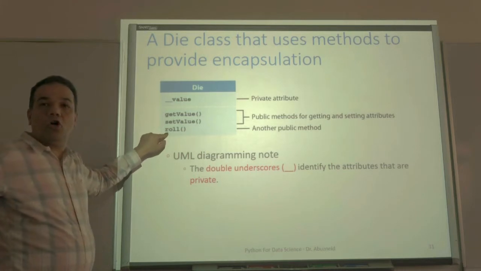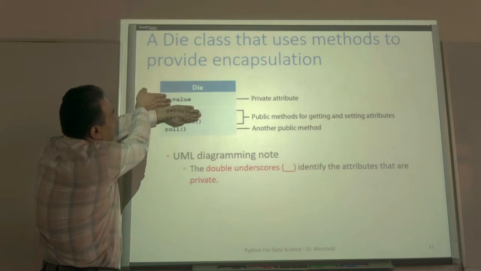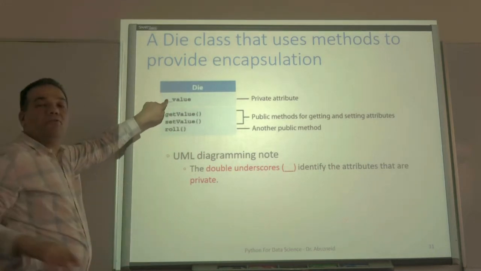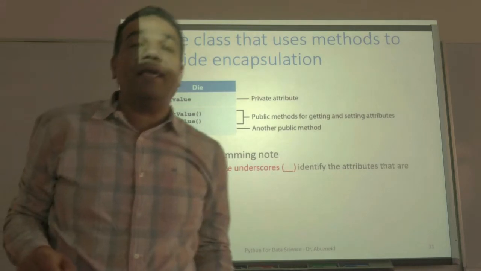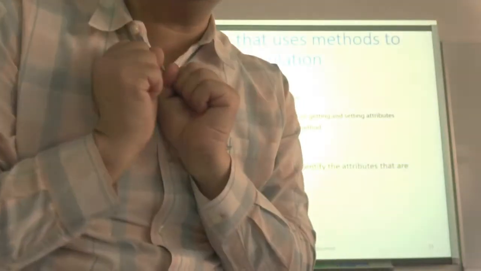Before I did not have this. I had an attribute and one method. Now I made this attribute private. What does access mean? Read and write. Read and change the value through methods in the class.